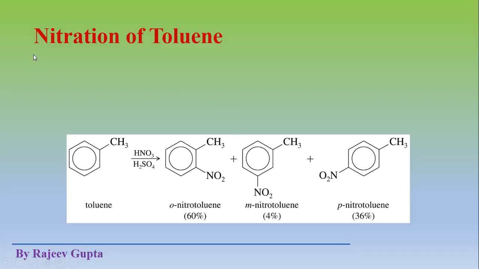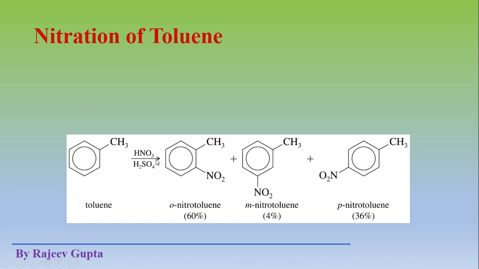So the nitration of toluene, we know that for the nitration of aromatics we require this combination of reagent where we use concentrated HNO3 and concentrated H2SO4.